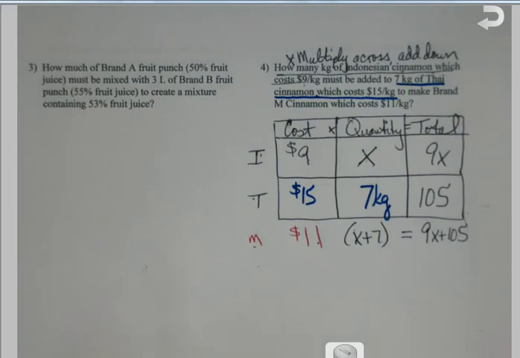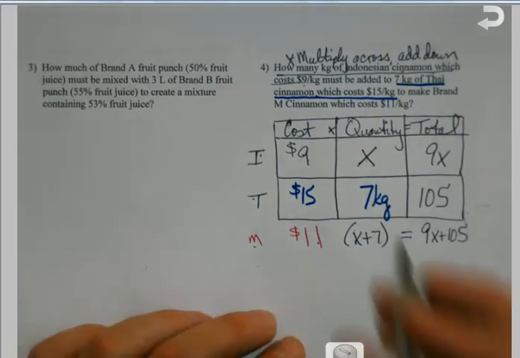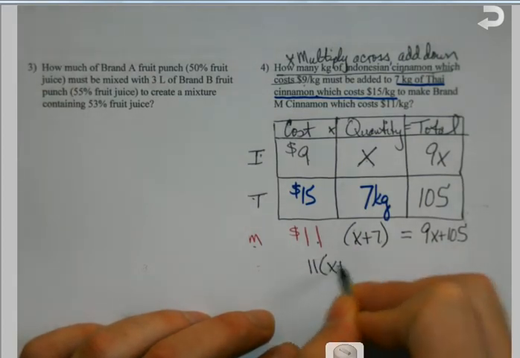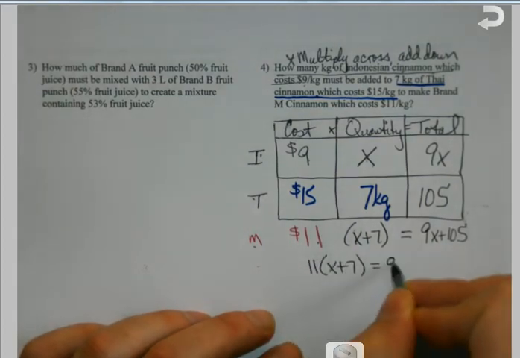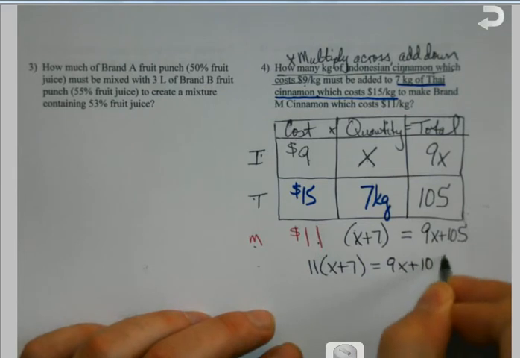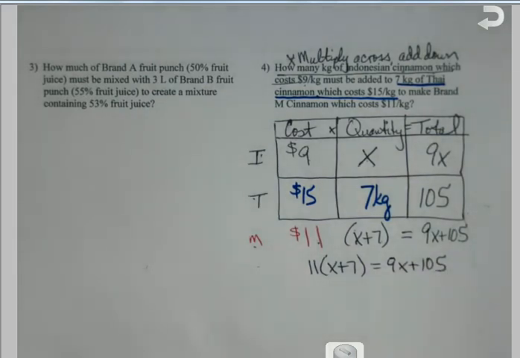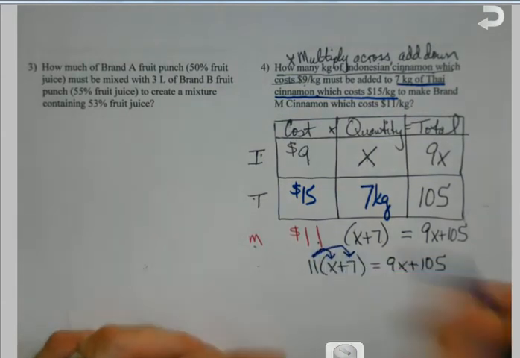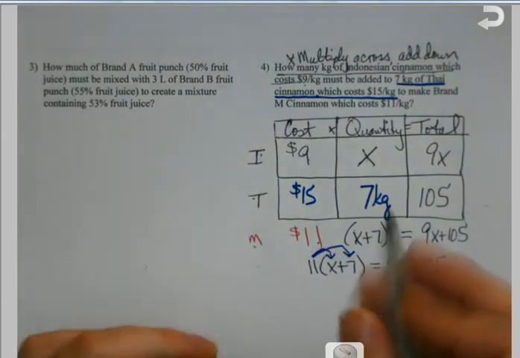So now I look at this and I say, okay, here I've got 11 times x plus 7. And we remember from way back when, because our strength is our equation solving, that if I see parentheses, I have to distribute. And distributing is just multiplying.